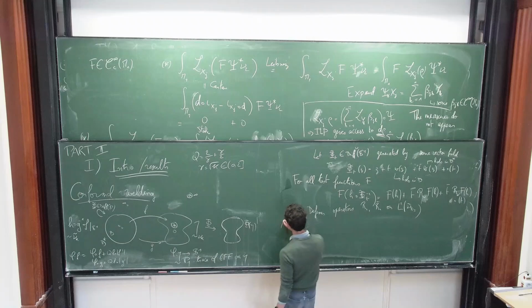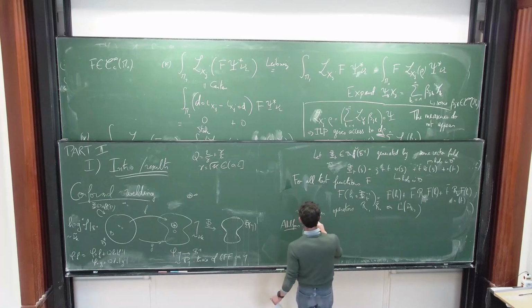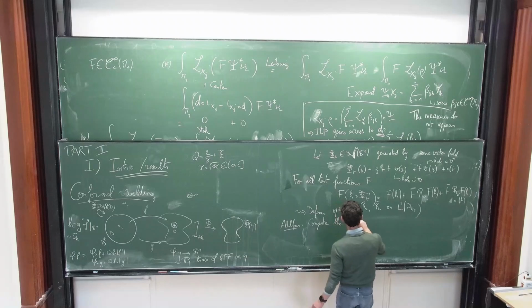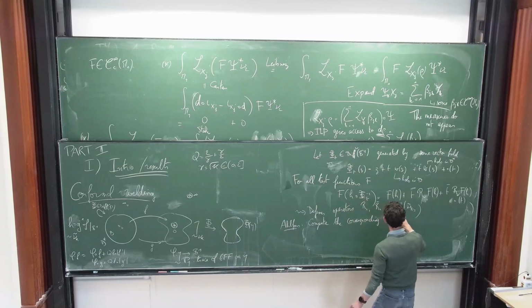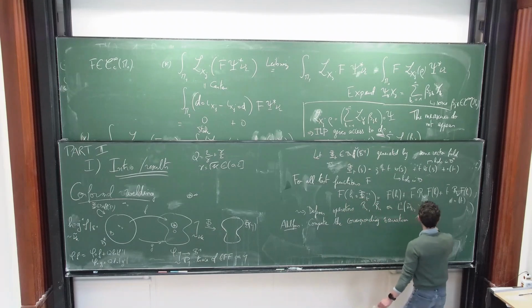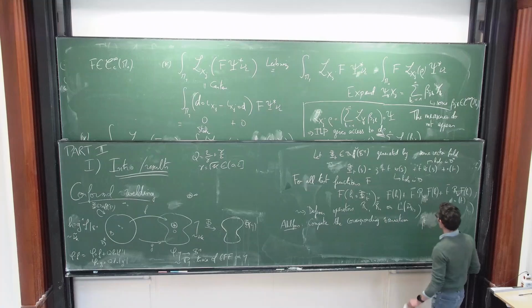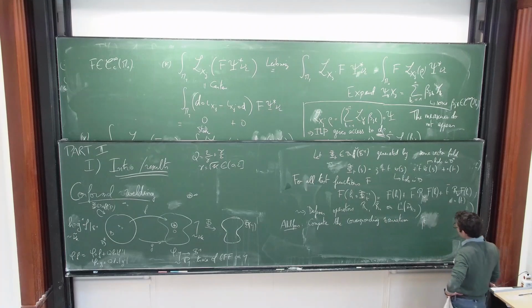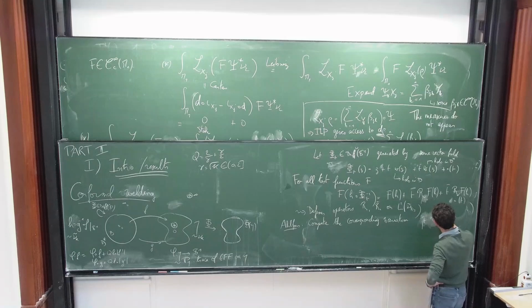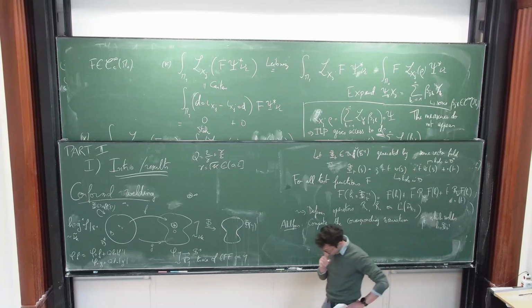You can compute the corresponding variation: eta t, which welds the homeomorphism H composed with phi t tilde minus 1.